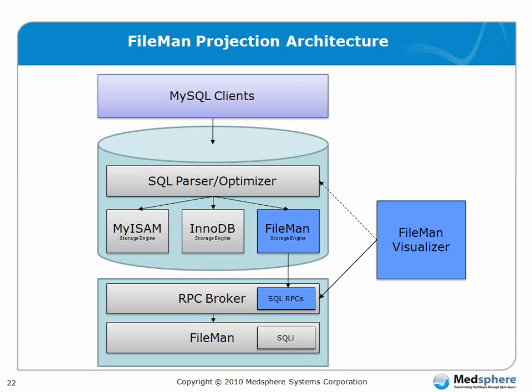And then there's this visualizer tool that sits to the side. It hooks up to the Vista derivative on one side and the MySQL instance on the other, and lets you say, okay, I want to project this file over as a table here, and allows you to look at the data and inspect it as well.